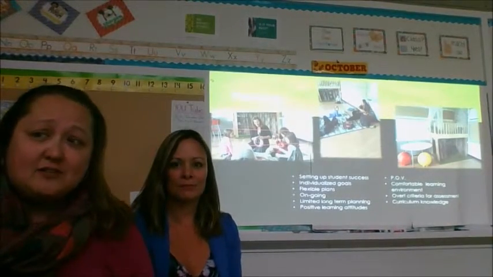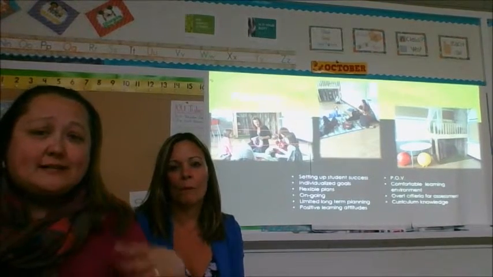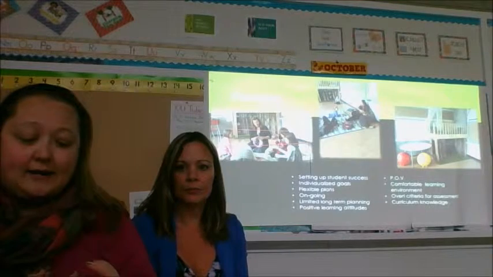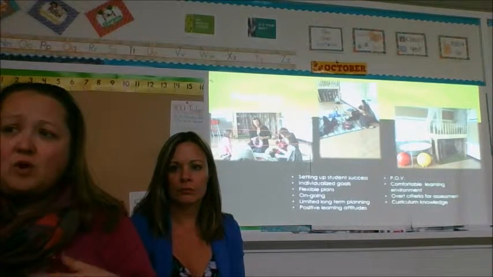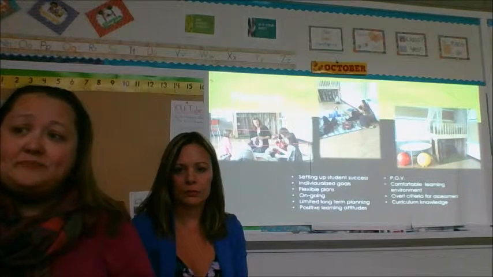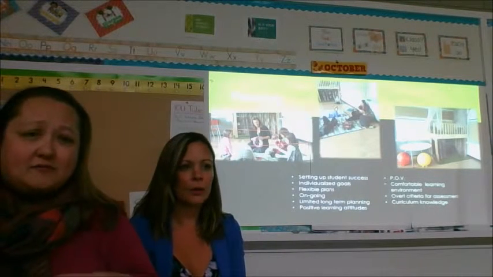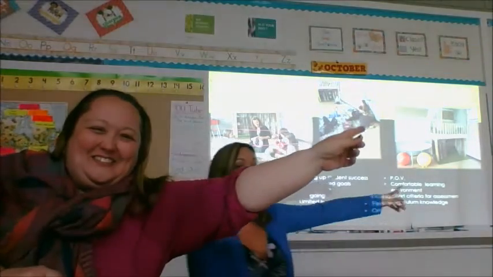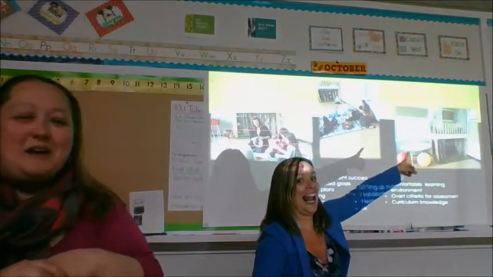Planning for the constructivist approach involves setting up the classroom to have a positive atmosphere for learning and for each student to succeed in his or her own way. So we spent a lot of time, if you can see in the photo over there at the far side, that's right.